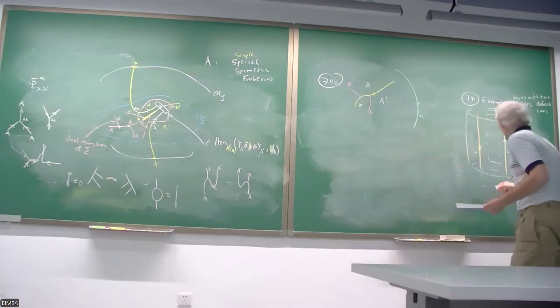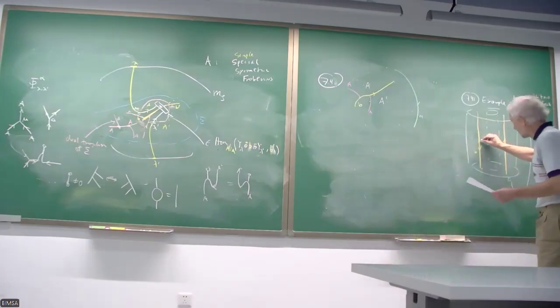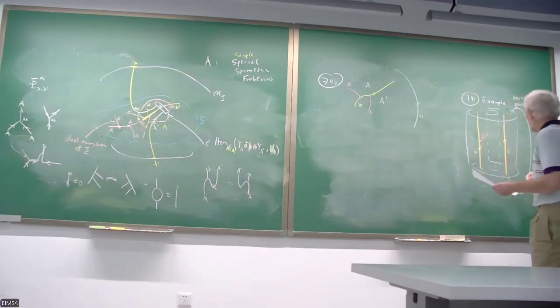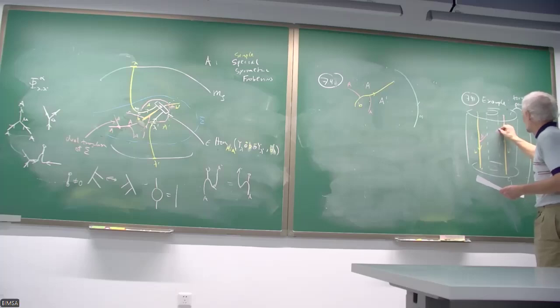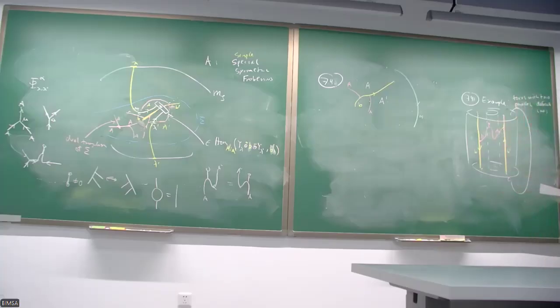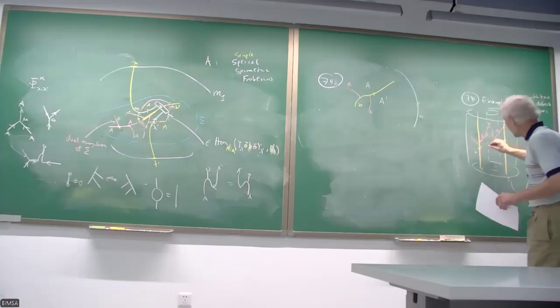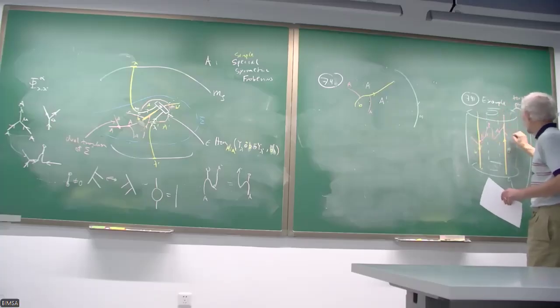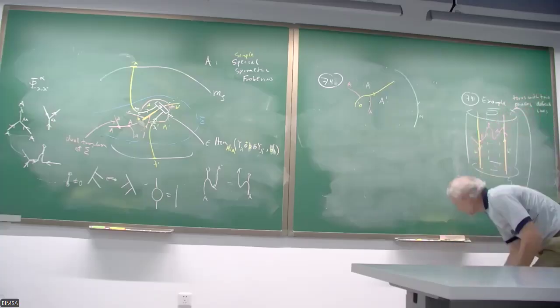Let's assume we have the situation that here I have an A prime. Then here I have an action of A prime, and here also, and I can bring them together in this way. And analogously for A, I have an action here and an action there.